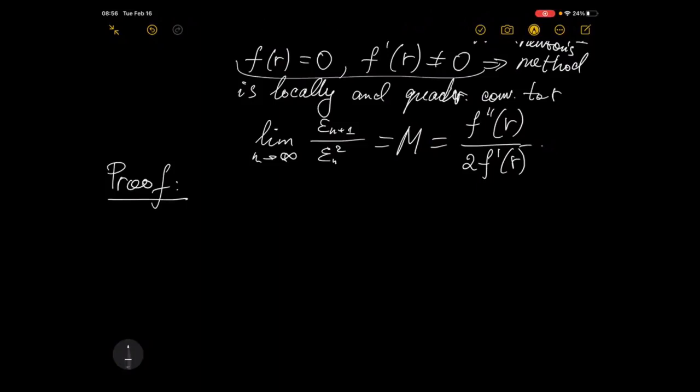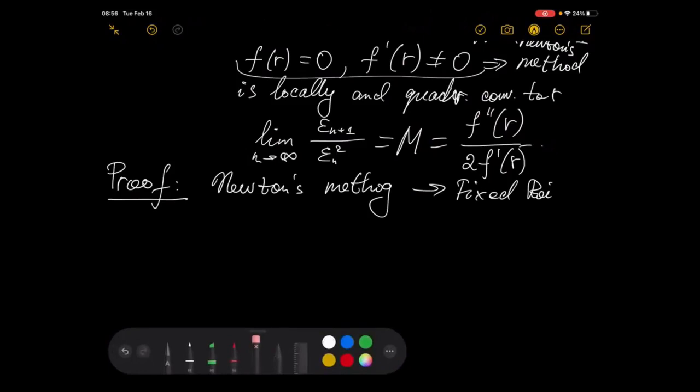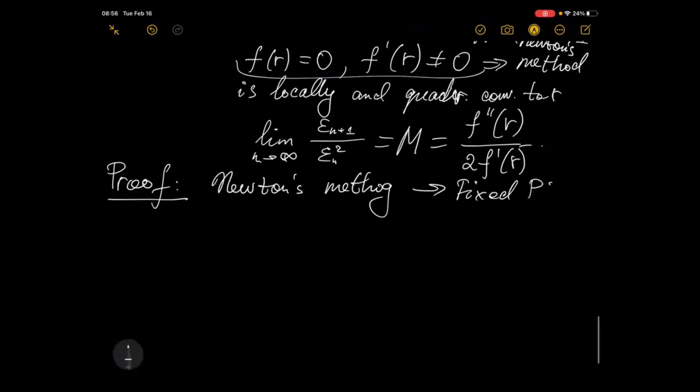Okay, so let us rewrite Newton's method as fixed point iterations in the following way: g(x) is x minus f(x) divided by f'(x).